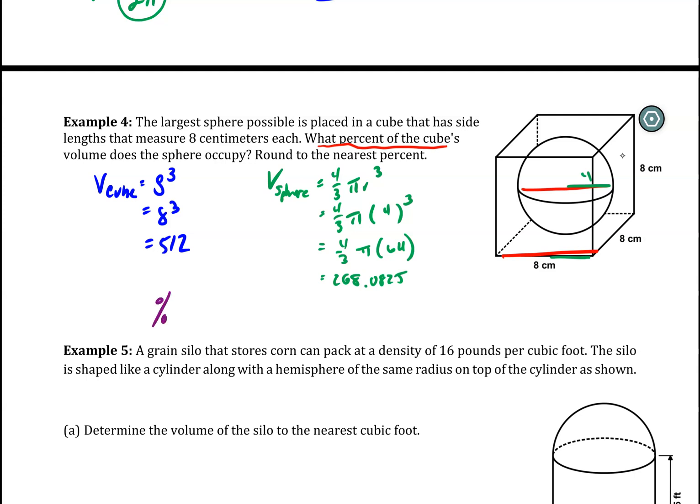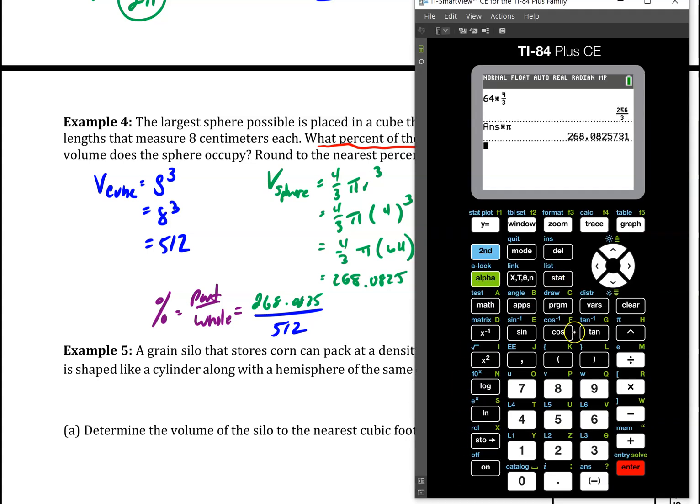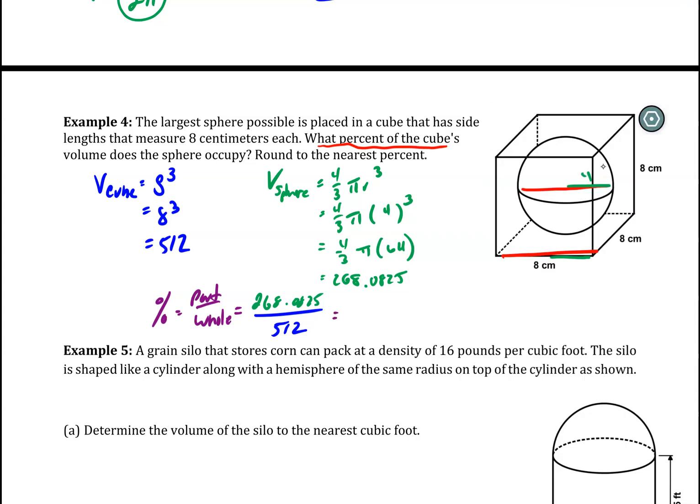So the percent is going to equal, again, part over whole. So in this case, our part is our sphere. I'm going to divide that by the whole thing, which was the cube. So if we plug that in here, so we got my answer. I want to just divide that by 512. That's going to get us this decimal, which is 0.52398... And again, we want a percentage, so all I'm going to do is move the decimal twice, or multiply by 100, same thing.